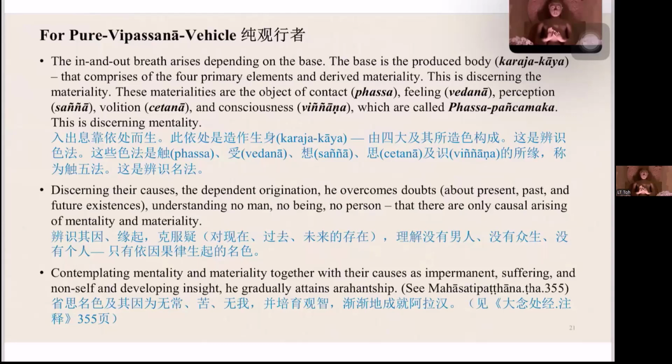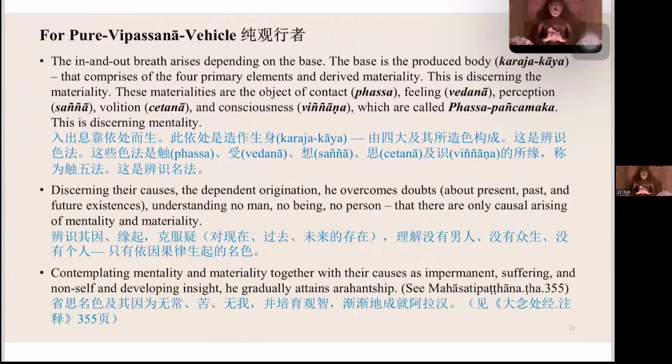That comprises the four primary elements and derived materialities. Okay, for example, the nose hole. The nose hole is also called produced body. That means it's produced by kamma, citta, utu, ahara, something like that. It also comprises four primary elements. I have already mentioned earth element, water element, fire element, and wind element.